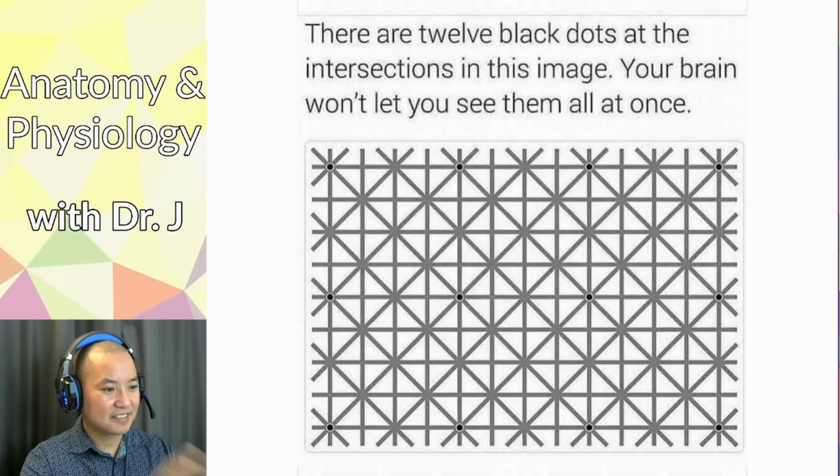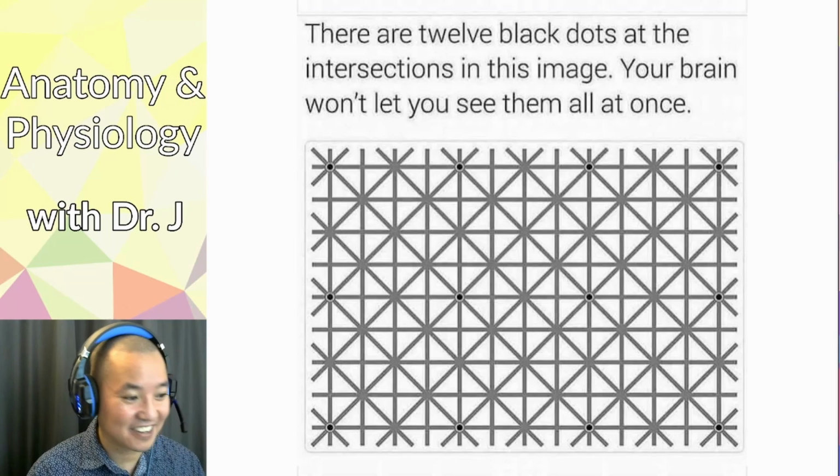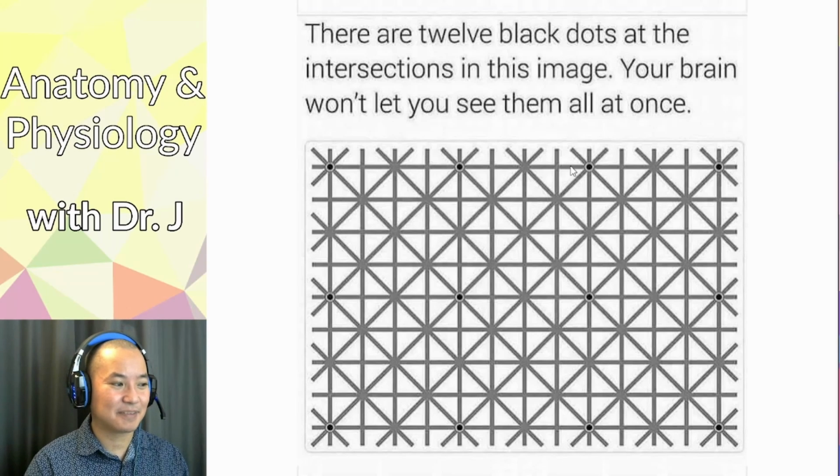Everything else around it, the further it is from the central fovea, is going to be hazier and lower resolution than the part your eyes are focused on. So it involves your brain perceiving that, but being able to focus things. This is why you're not able to see all 12 at once, unless you take a very big step back. If you're looking at it right up close, you can't see all of them at once.